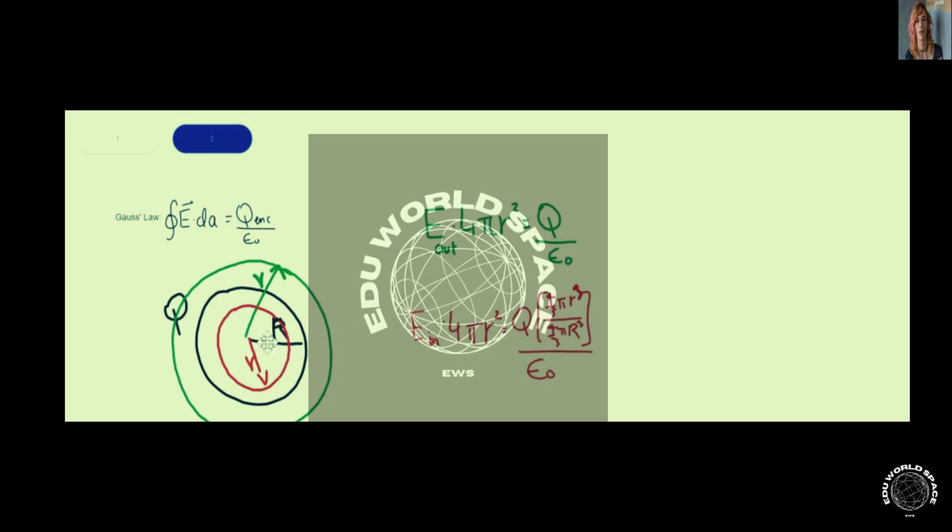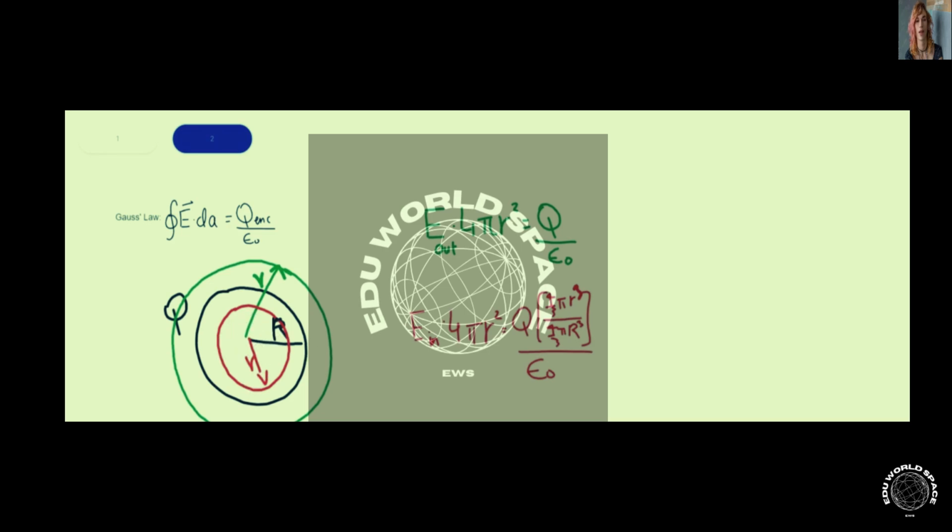For points inside, it's slightly different, because this Gaussian surface in red, while the left-hand side of Gauss's law remains the same since it's still a sphere of surface area 4 pi small r squared, doesn't enclose all of the charge anymore. It encloses only some of the charge.